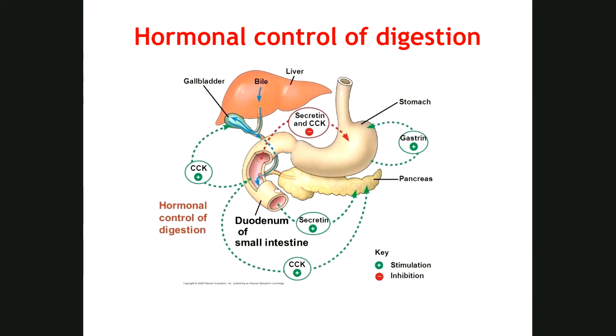Both of them, of course, at the end will enhance the secretions into the second part of the duodenum to enhance the digestion of lipids, proteins and carbohydrates. So secretin and cholecystokinin are stimulatory to the pancreas and biliary system, and they are inhibitory to the stomach. Gastrin is stimulatory to the stomach.